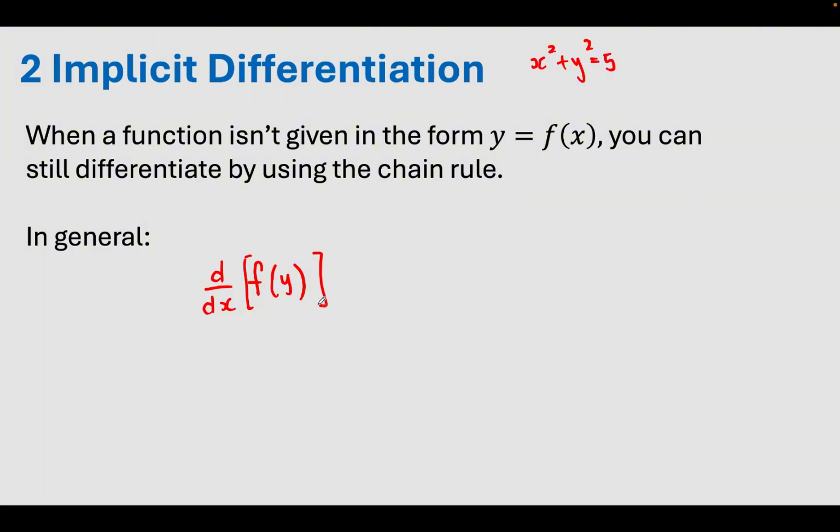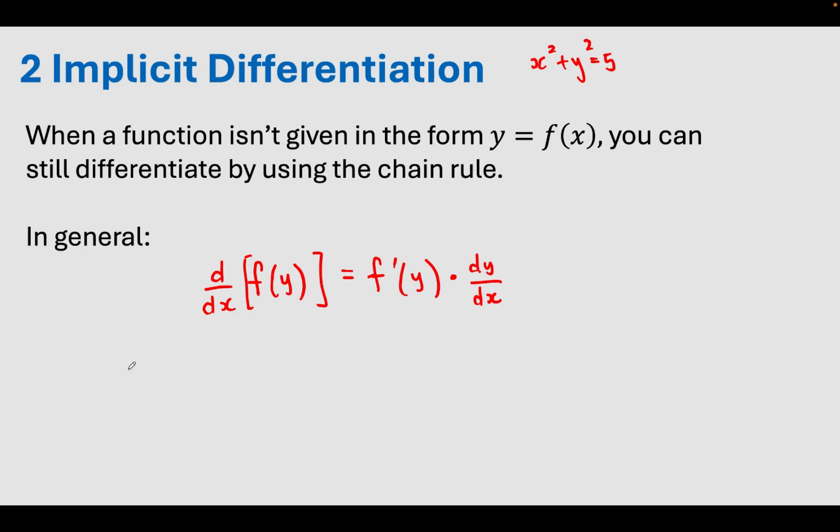Then we will get f prime y multiplied by dy dx. The reason is this is essentially just df dy, so our dy's cancel out like that.